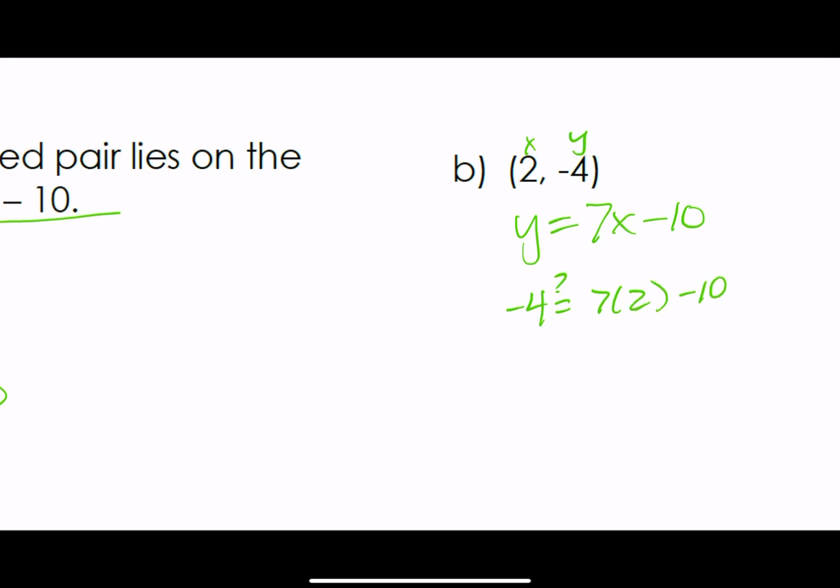And remember, we're putting that question mark there because we don't know for sure if it's equal to each other yet. All right, so now I've got negative 4 is maybe equal to 14 minus 10. Negative 4, bring that down, and 14 minus 10 is 4. Negative 4 does not equal 4. Negative 4 and positive 4 are not the same thing, so no, this is not on that line.